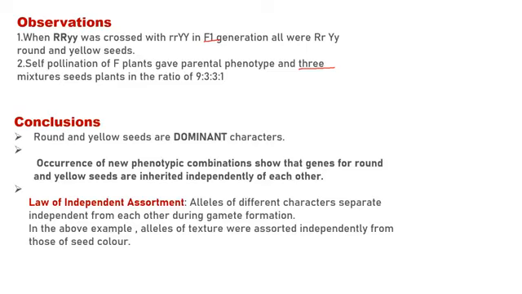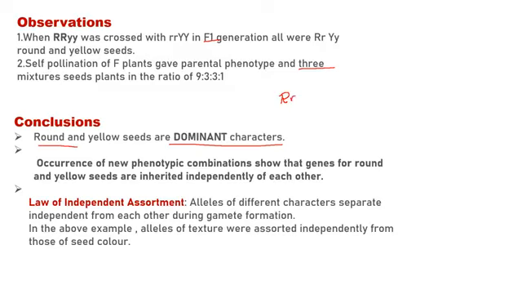And that is why he got the ratio 9:3:3:1. So he concluded from his experiment that round and yellow are dominant characters, because these two characters were expressed in the F1 generation.